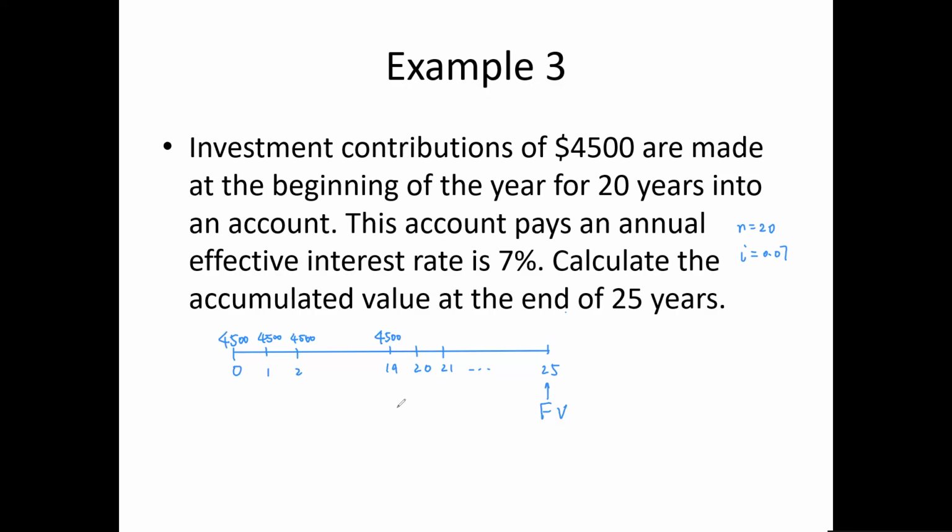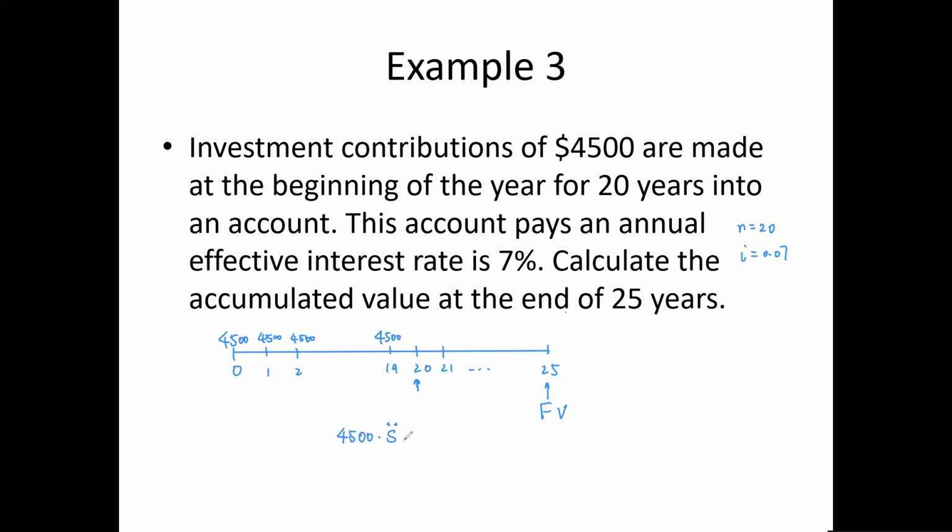So you can set the time to be 20 and work out the future value of this annuity, and then accumulate it to time 25. So you can do 4500 times S two dots.